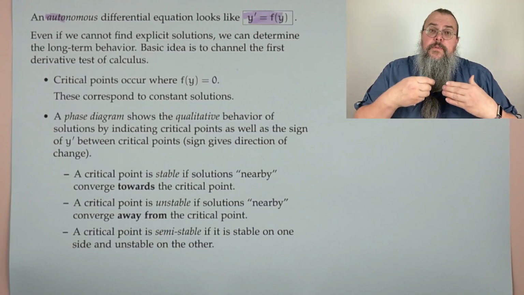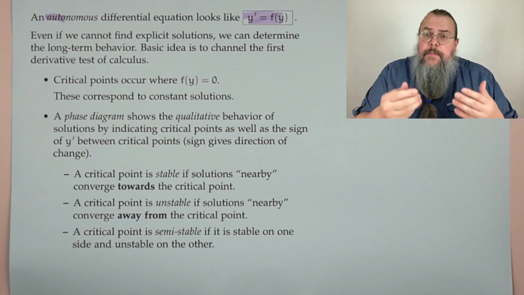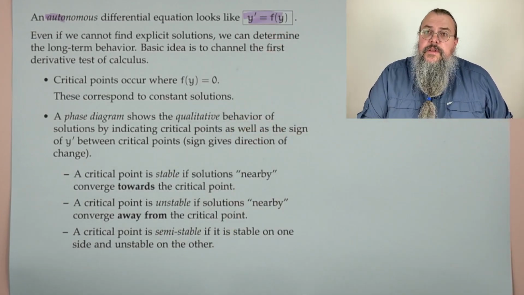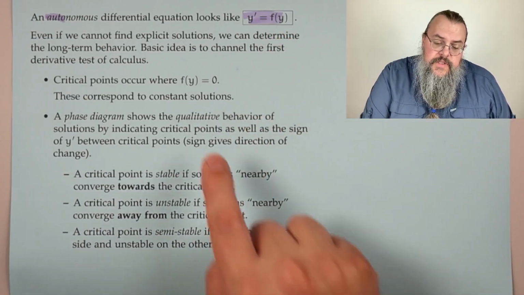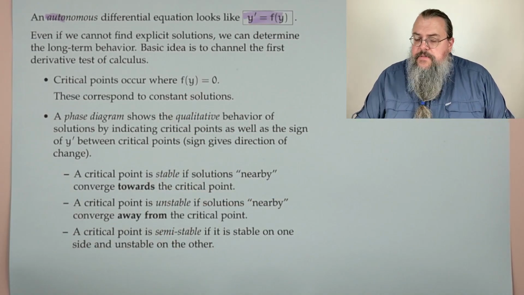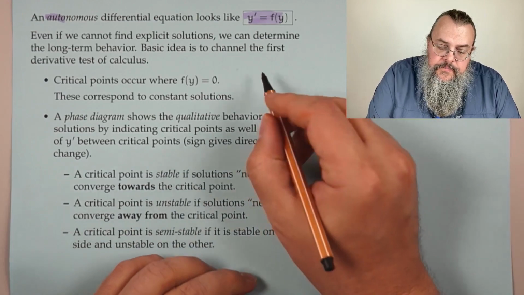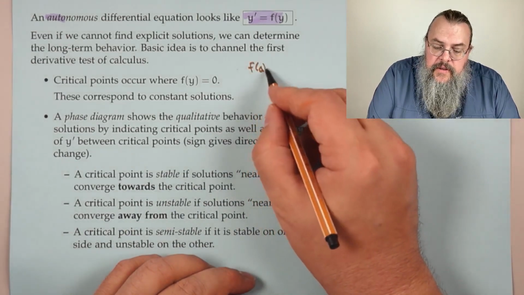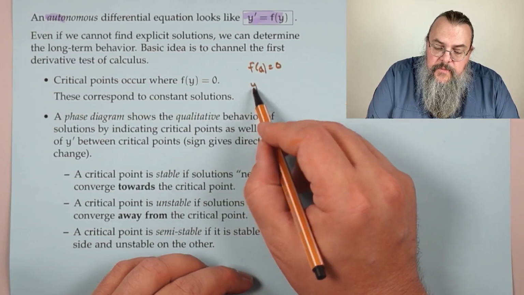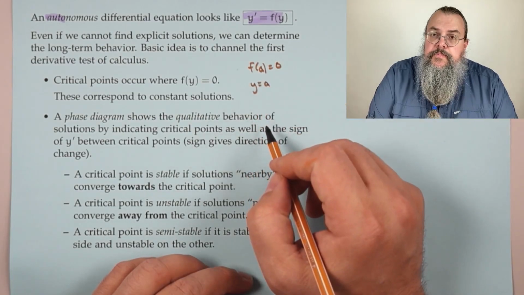Well, we'll look at what happens with our function, f of y. So let's start with the first thing. Let's think about what it means when f of y is 0. Suppose I have a point where f of a equals 0. Now look at the function y equals a.